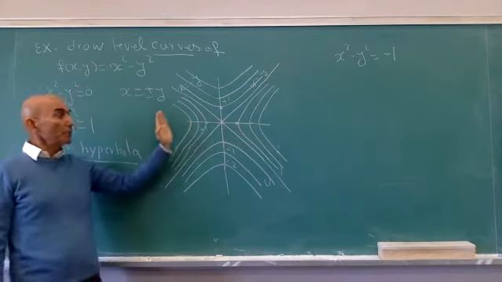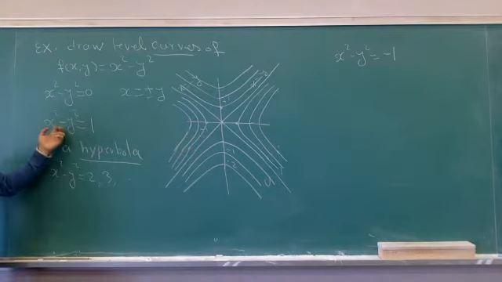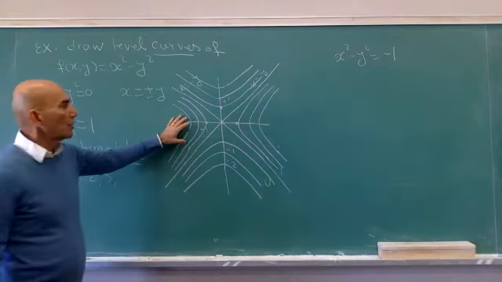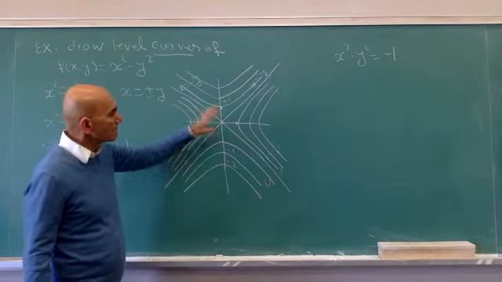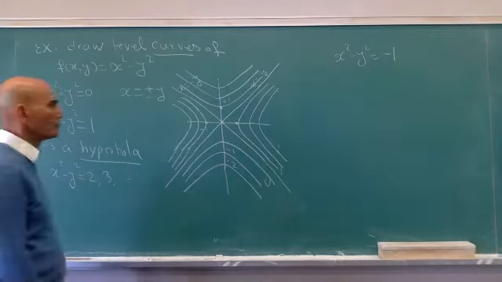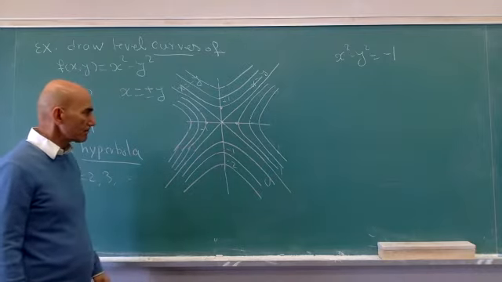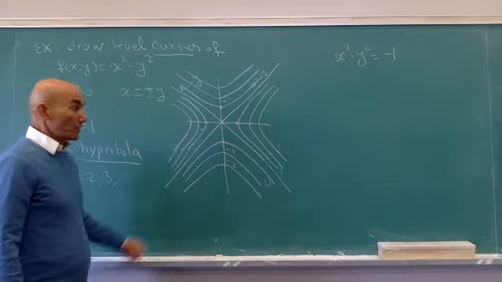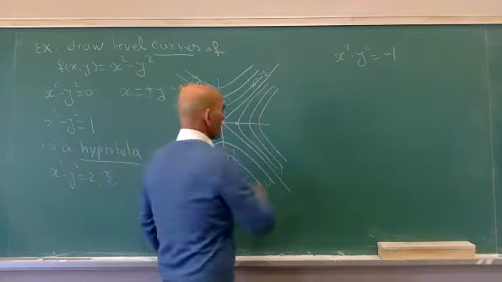Here, the mirror image also takes positive values. So that's the profile of this function x² minus y². Okay, so these are the level curves in this case.